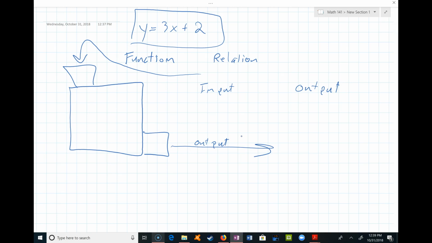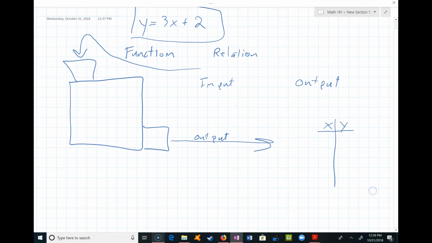So you've seen, often we describe functions with an equation, but we can describe them with a table where we'll say, here's my input numbers, here's my output numbers. We can describe them using a graph. For example, I could graph this thing. You guys could probably graph this if I give you a little bit more time, but this is a linear equation that crosses at 2 and goes over 1 up 3.